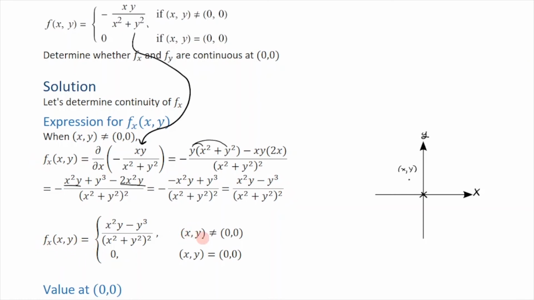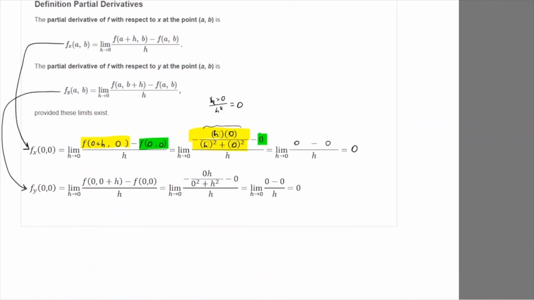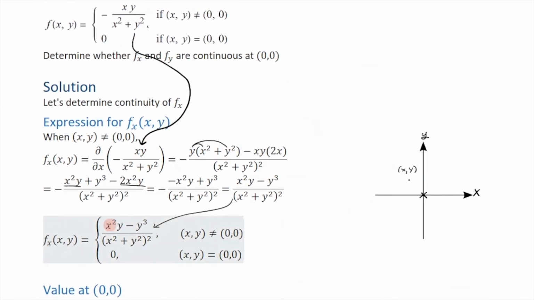When x and y are not equal to 0, 0, we have this expression that we just found. When x and y are 0, 0, we have this. And that we found in part, I think that was part C. Yes, that was part C. So that is from part C.